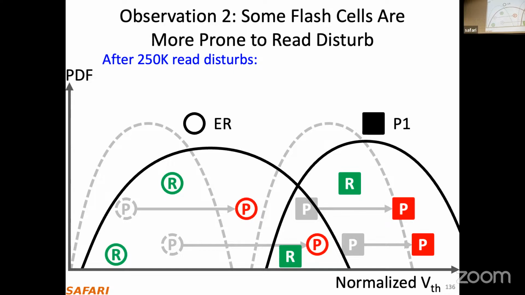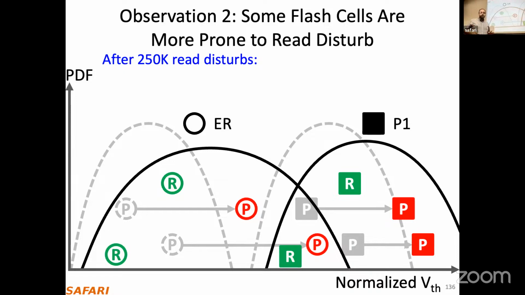The thing is that this P, which belonged to this state, now we're going to read as P1 state. But this cell, which also belonged to P1, now that we have this shift and widening, we will read it as ER state. So this one is also problematic for us.